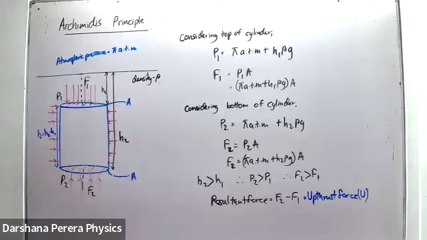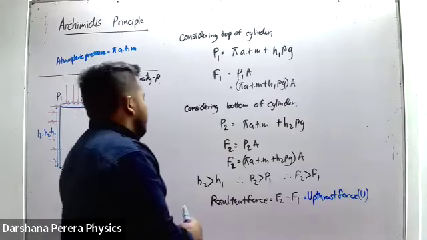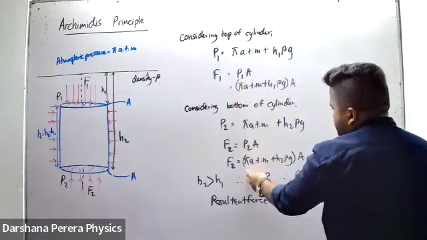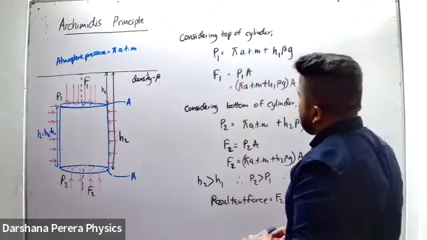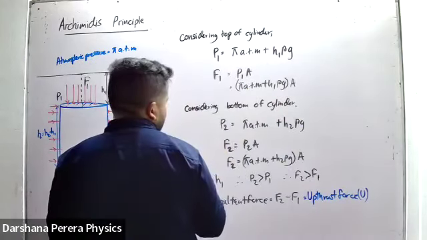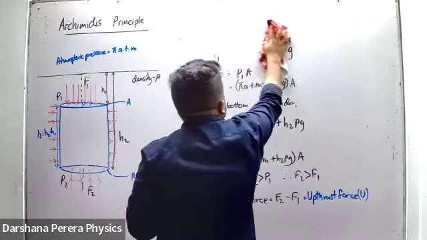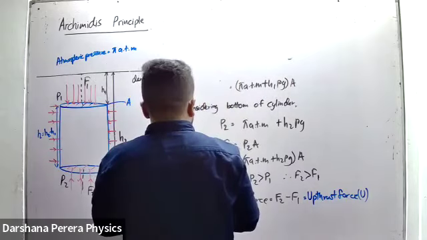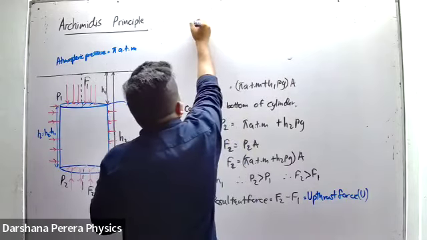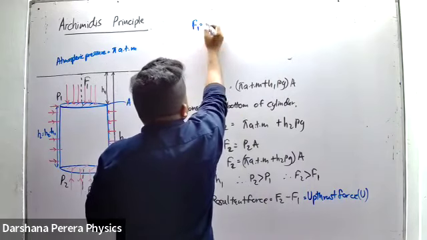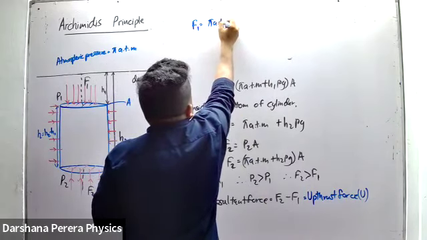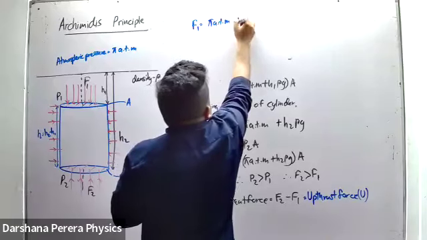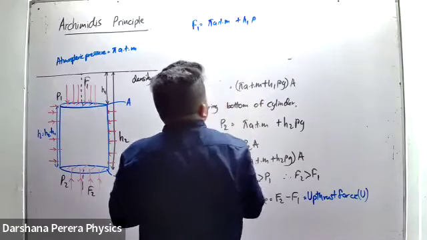Okay. Then what is the resultant force? We can derive. So F1 equals this one, F2 equals this one, resultant force is this one. F1 equals P atm plus H1 rho g.